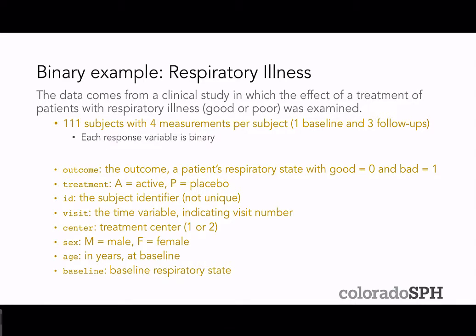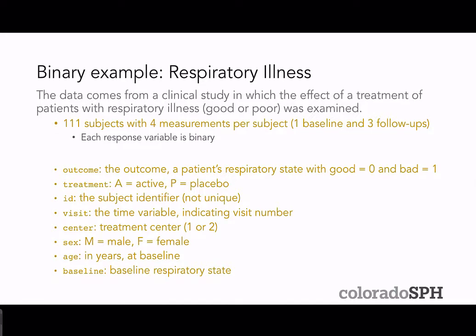I'm going to go through a binary data example with respiratory illness. This data comes from a clinical study in which the effect of a treatment on patients with respiratory illness was examined. There are 111 subjects in the study with 4 measurements each, 1 at baseline and 3 follow-up periods. Each response variable is binary, indicating respiratory status being good or poor.